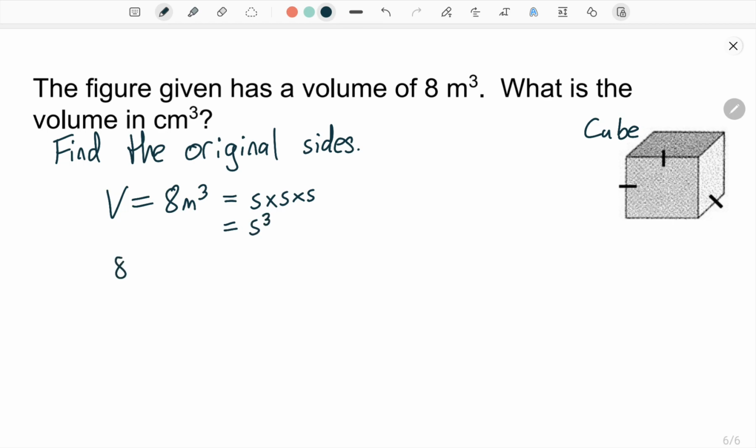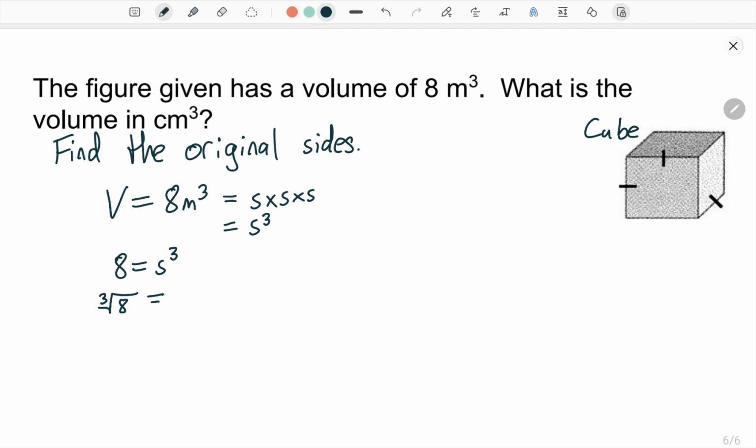So if you have a number, 8, equal to some number cubed, how do we figure out what that number is? There are 2 ways you can think of it. You can just try to think to yourself what number multiplied by itself 3 times, like we have there, gives you 8. Or the calculation strategy would be to do what we call the cube root. It looks like a square root, but we just have a 3 there. Because the square root normally asks what number multiplied by itself gives you the particular thing, in this case 8.